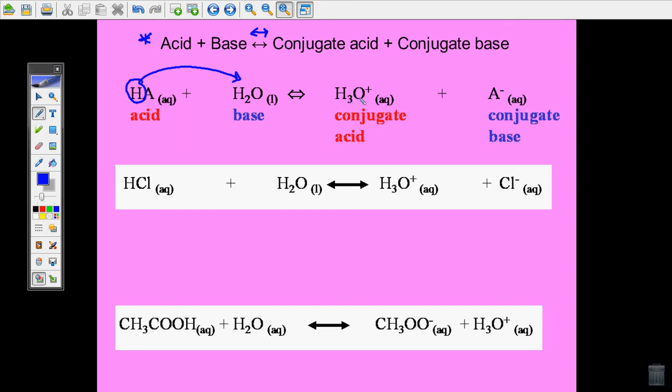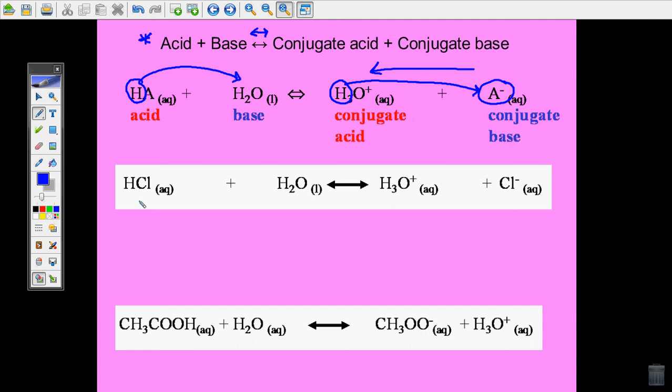So we get H3O plus, it's a hydronium ion. This base has now become the conjugate acid. And after we take away this proton, the acid now becomes the conjugate base, because if this reaction was going to go the opposite way, this now can donate the proton to this base.